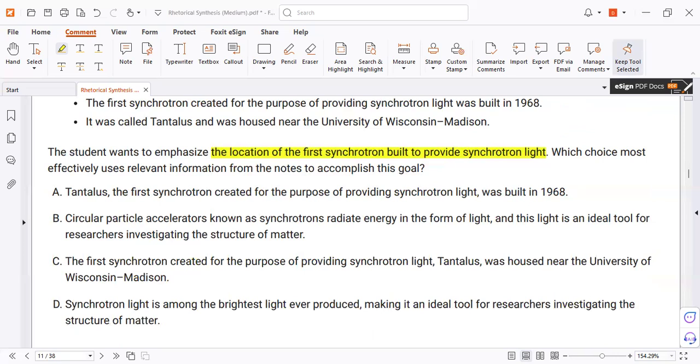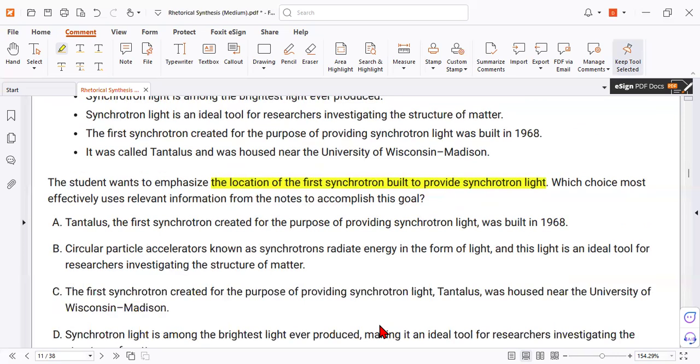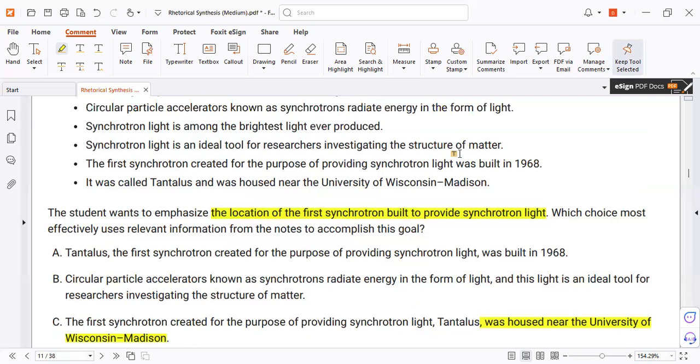No, my friend. Remember, we need exactly the location. Look for the location: "was housed near", as just mentioned there. It's found here. Look, "was housed".